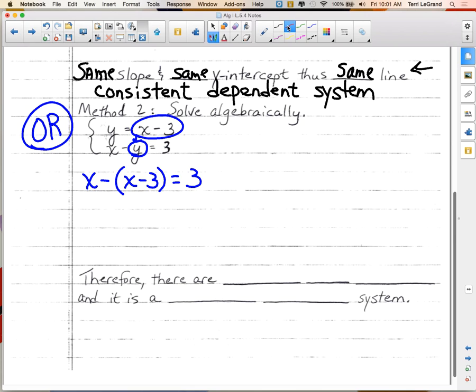So maybe the best thing to do is to rename this as plus, and there's really a 1 in here. So we can make that plus a negative 1. This can be renamed as x plus a negative 3. Okay, go ahead and finish that up.